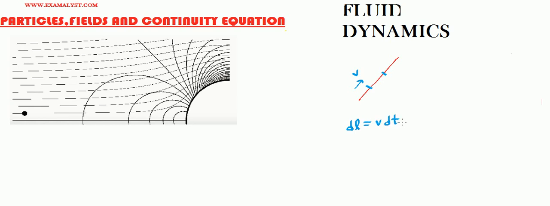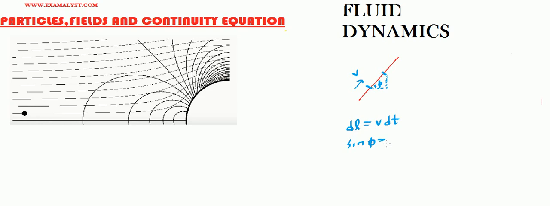Simple. Okay, now just draw a line this way and a line this way, and what is this angle? Say this angle is angle phi. So what is sine phi?